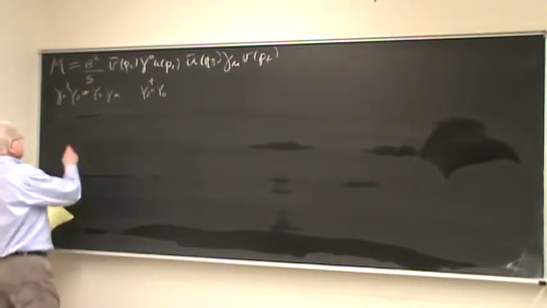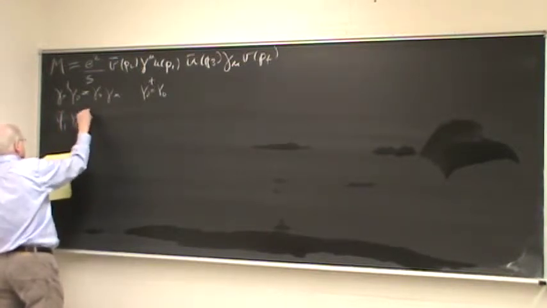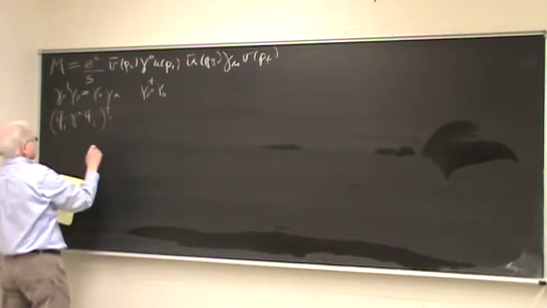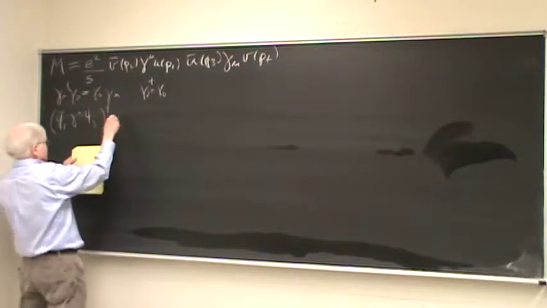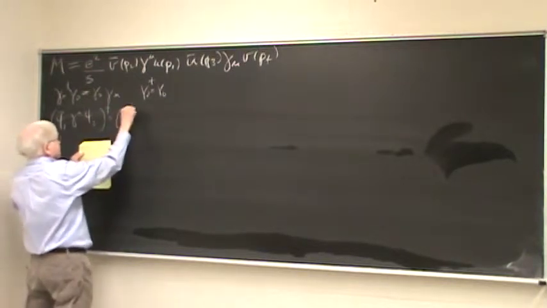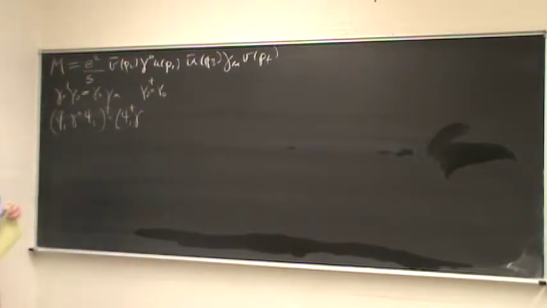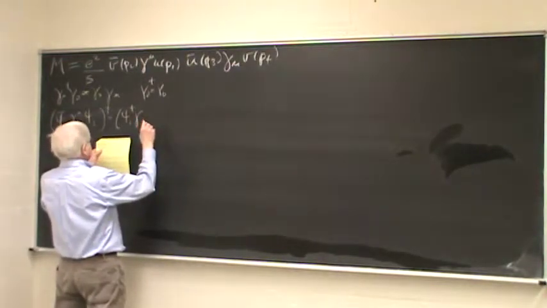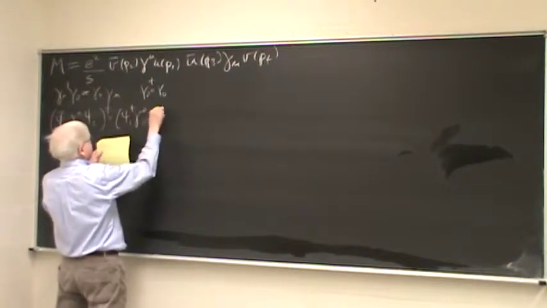What that means is that if we have something like psi 1 bar gamma mu psi 2, then, and this is part of the reason why we have this bar notation, it's that this is psi 1 dagger gamma 0. In Schwarz's metric, of course, whether you have gamma 0 up or down doesn't matter, although I find it a little bit annoying to have one up and one down without any reason.